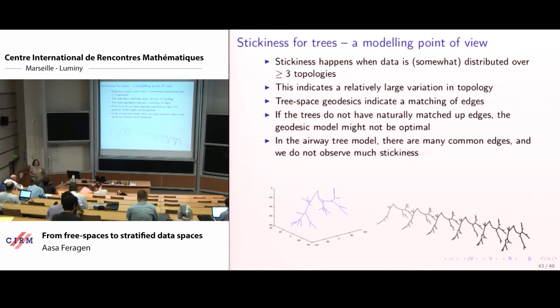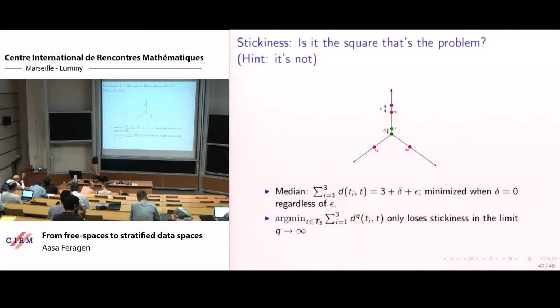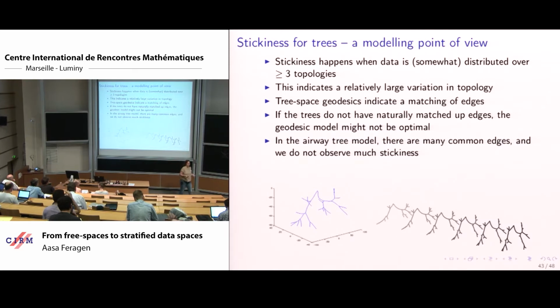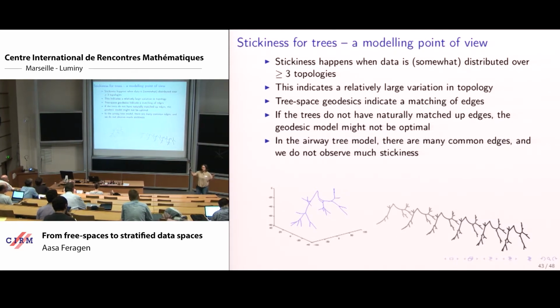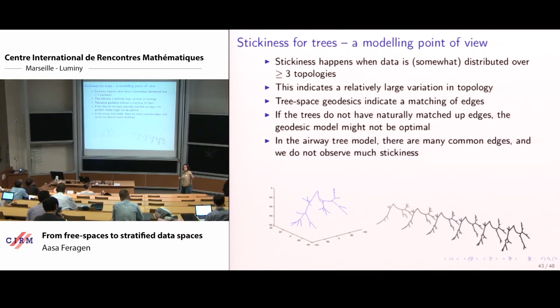And what does that mean? Well, that means I don't have a huge variation in topology. I do have variation in topology, but not enough to put me frequently in situations like these. For a second, think about what it means to have a tree space like this. If I have geodesics from one tree to another, those geodesics inherently match branches from one tree to the other tree.